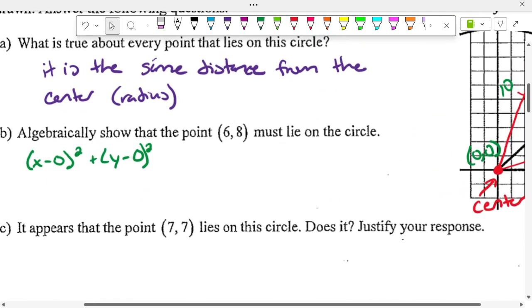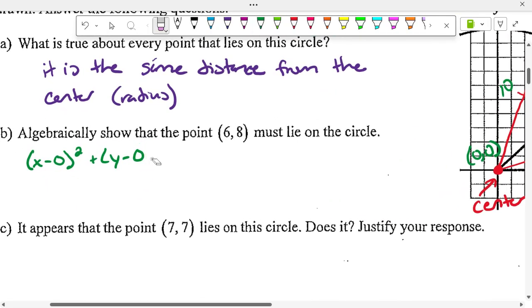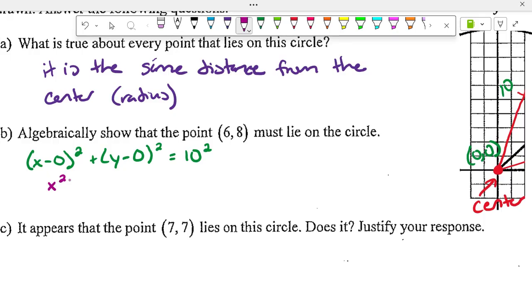Now, it said the radius is 10. So what do I have to do to that 10? Square it. If I clean this up a little bit, what's x minus 0? Anything minus 0 is always itself. So this would be x squared plus y squared is equal to what?